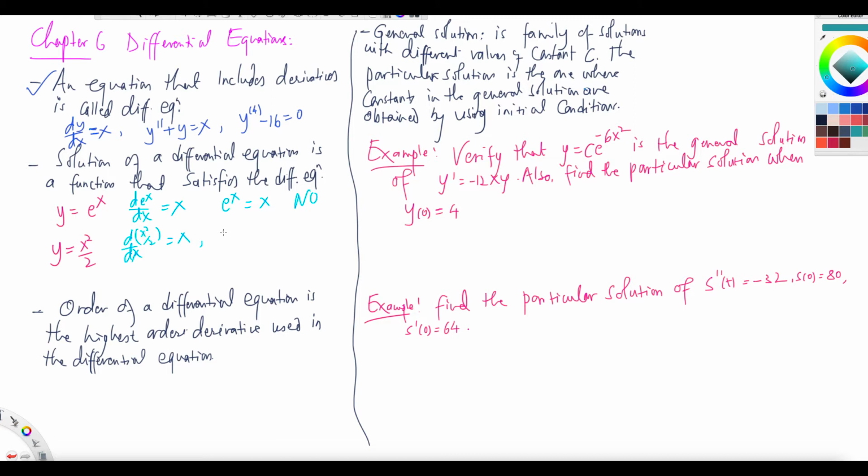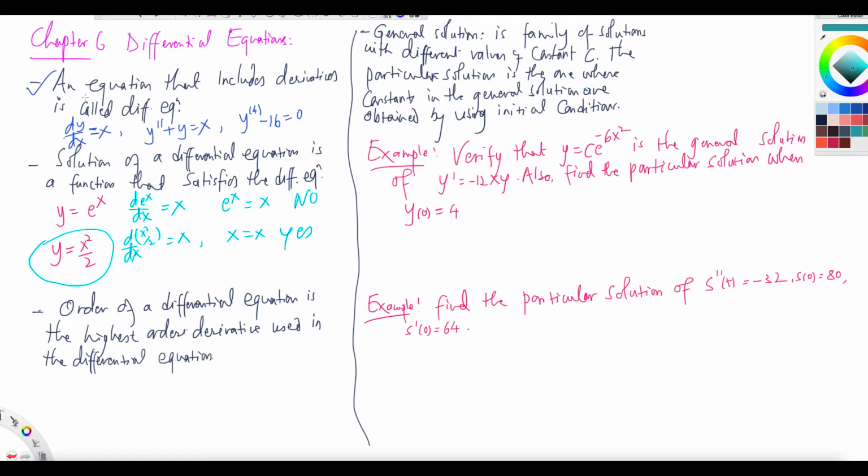What is the derivative of x square over 2? The derivative of x square is 2x, over 2, right? You can take 1/2 times 2x, and you get x equals x. Then it is yes, because x equals x. It is an identity, right? You get the identity when you plug in the value of y. So this is the solution of that differential equation. The other one is not the solution of that differential equation.